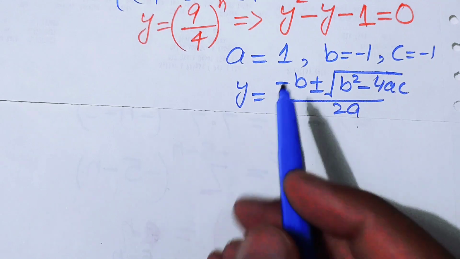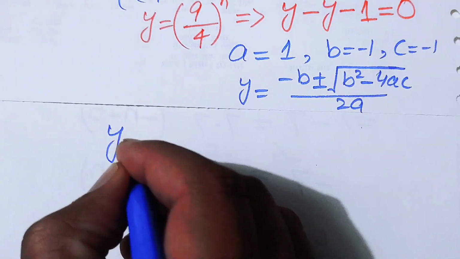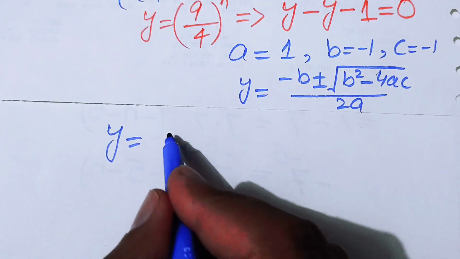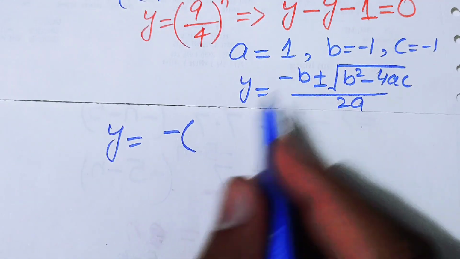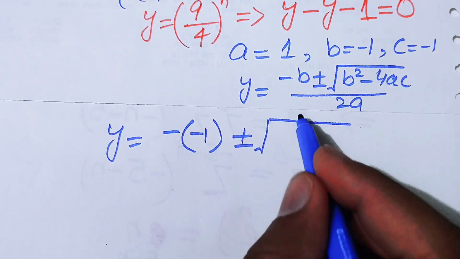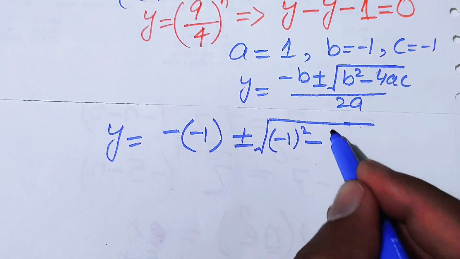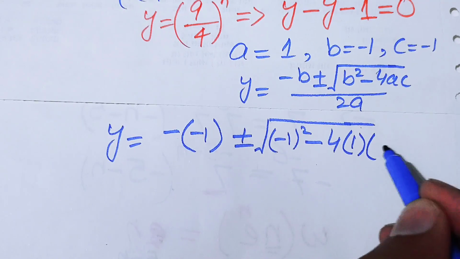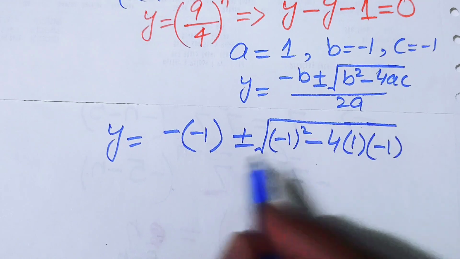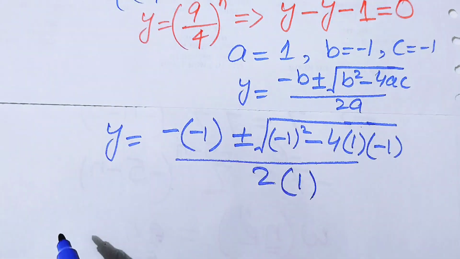Now we can put all the values of a, b and c in this formula, and you will get y is equal to minus times minus 1 plus minus the square root of minus 1 square minus 4 times 1 times minus 1, and this whole over 2 times 1.